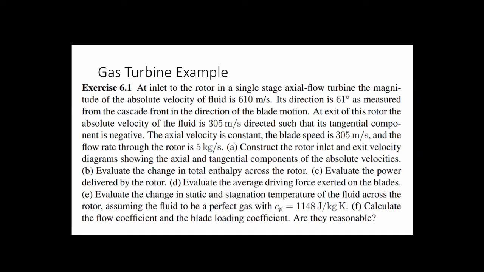E. Evaluate the change in static and stagnation temperature of the fluid across the rotor, assuming the fluid to be a perfect gas with Cp equal 1148 joule per kilogram Kelvin. And F. Calculate the flow coefficient and the blade loading coefficient. Are they reasonable?